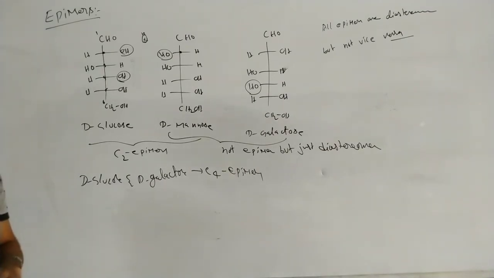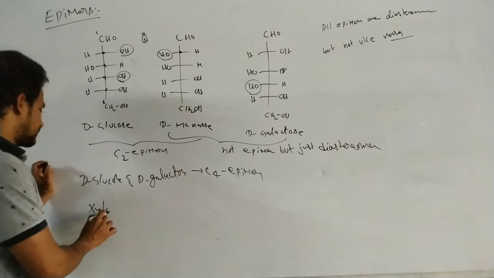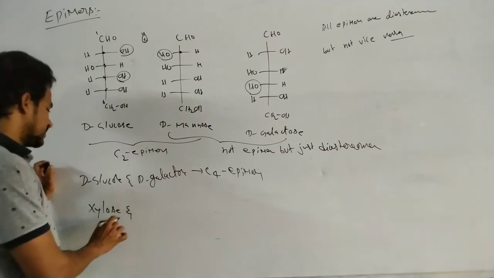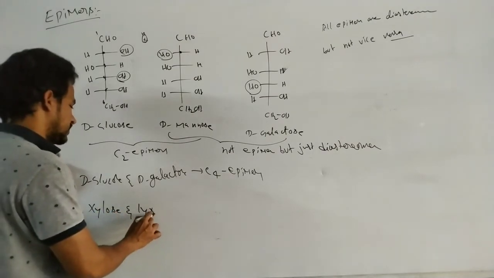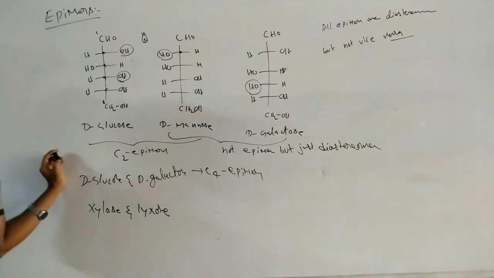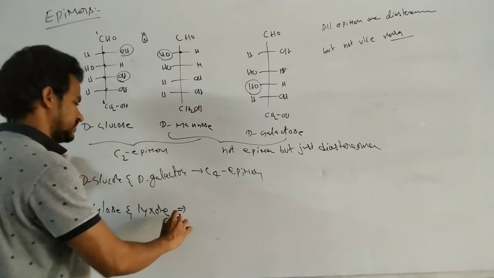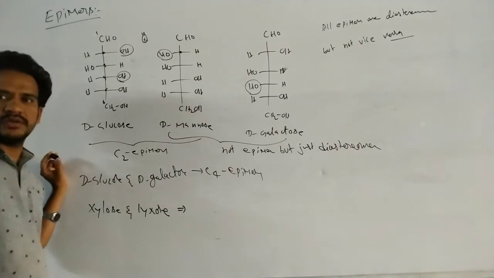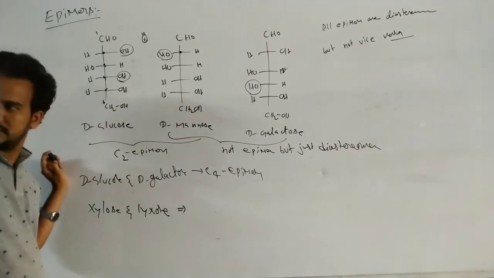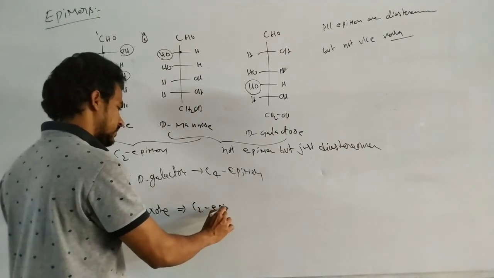D-glucose and galactose. Next, xylose and lyxose. Xylose and lyxose are which epimers? C2 epimers. Okay?